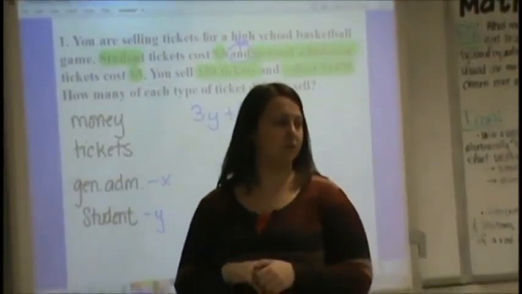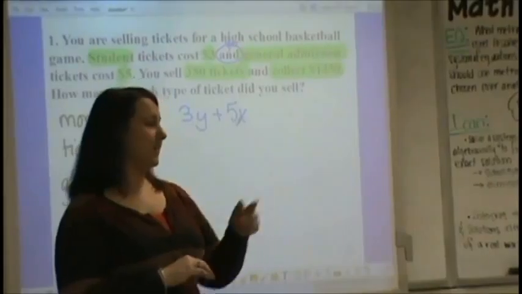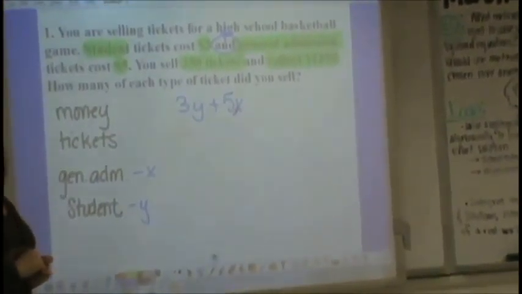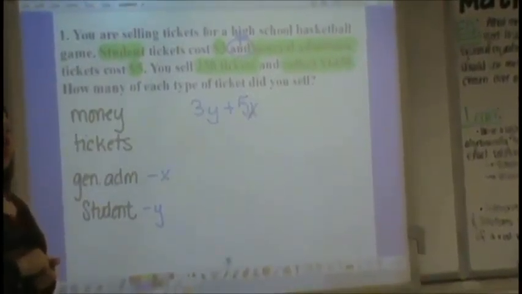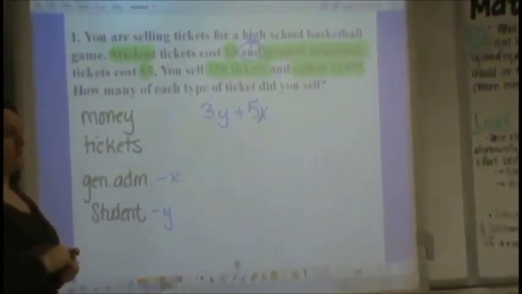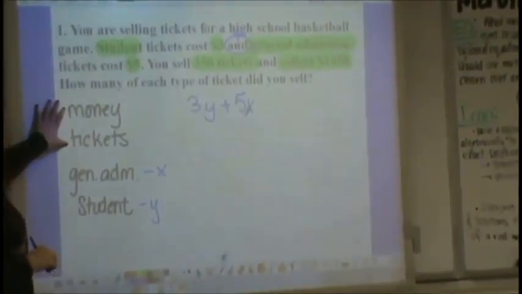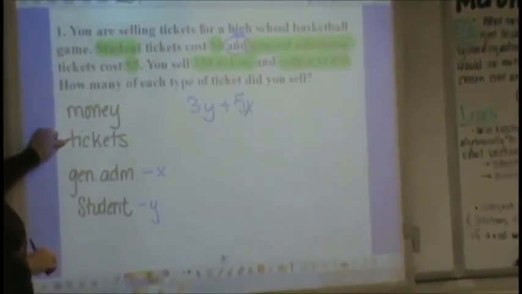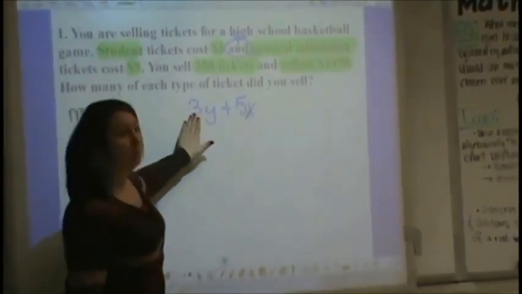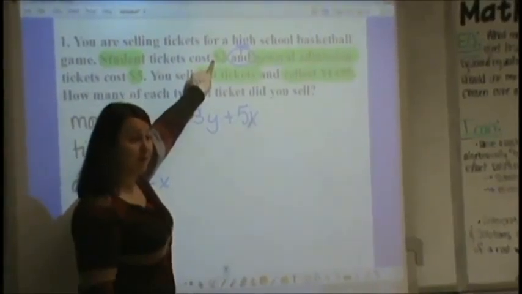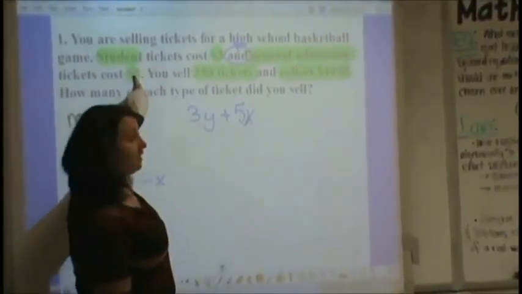What's it going to equal? I think it says 350. Georgia says 1,450. Which one is it? Ours says 1,450. What are the two things we're dealing with? Money and tickets. This 3 had a $ with it. The 5 had a $ with it.